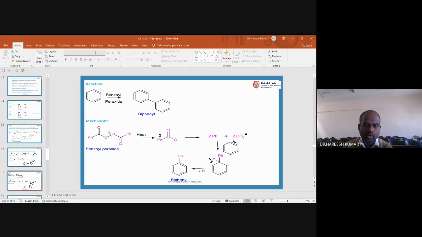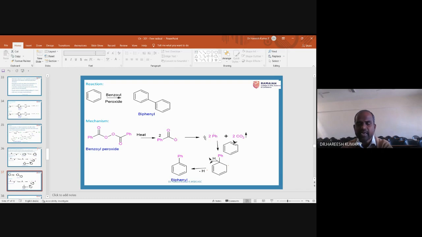It undergoes homolytic cleavage between the two oxygen atoms, giving rise to benzoyloxy radical. This radical further undergoes homolytic cleavage between the phenyl and the carbonyl carbon, giving rise to phenyl radical.